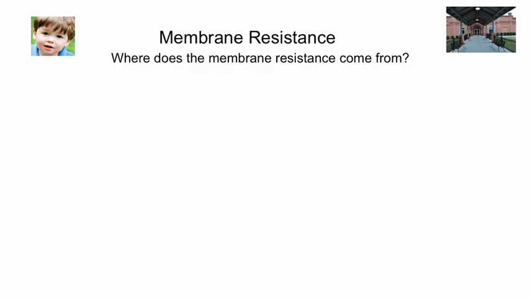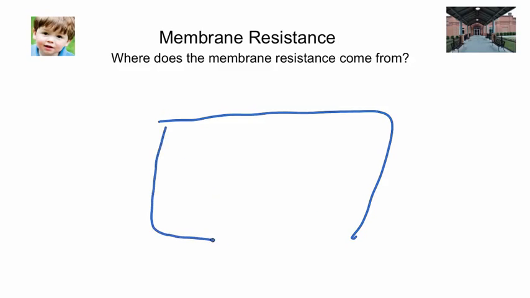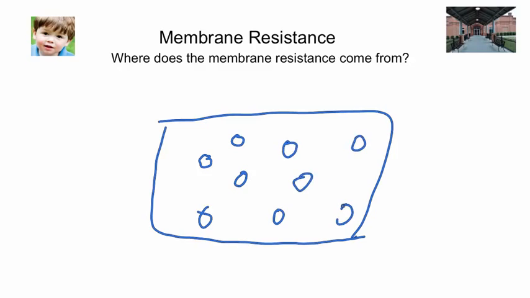If you think of a segment of membrane, it's coming from the holes in the membrane. And there are quite a few holes, and they're scattered all around. These holes are what give the membrane its resistance. So basically you'd say the answer is holes.